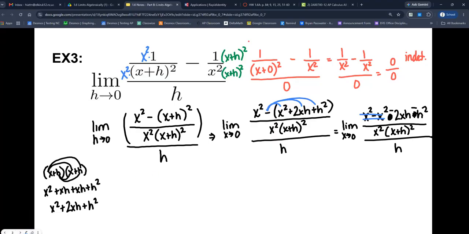All right, that is going to give us the limit as h approaches 0 of negative 2xh minus h squared over x squared times x plus h squared, all over h. All right. Any ideas?